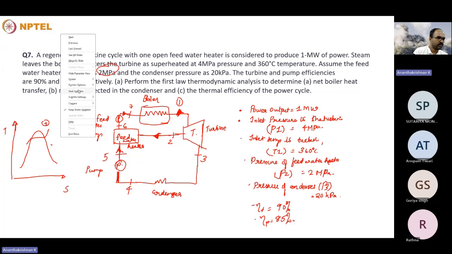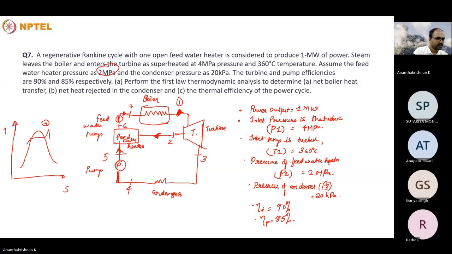That's why it will shift towards the right in this case. And then condensation, then the pump, feed water heater, the cooling pump, and then there is the bleeding that happens somewhere here.